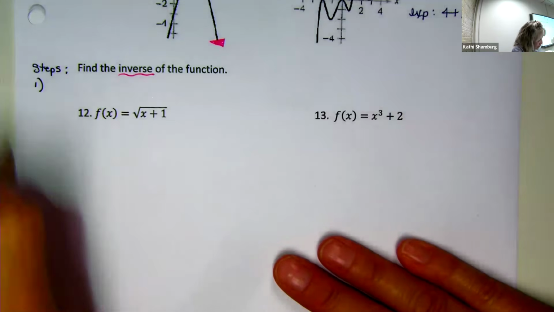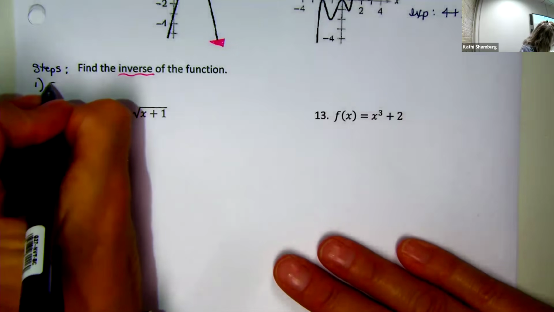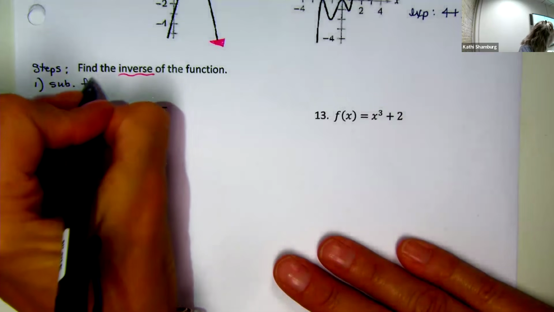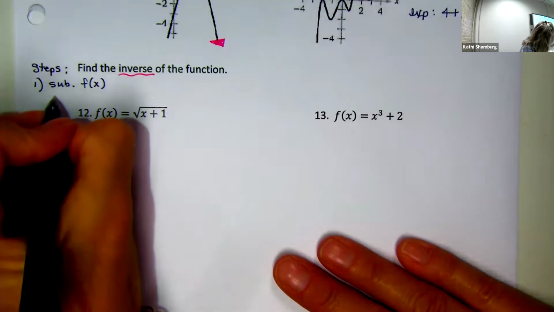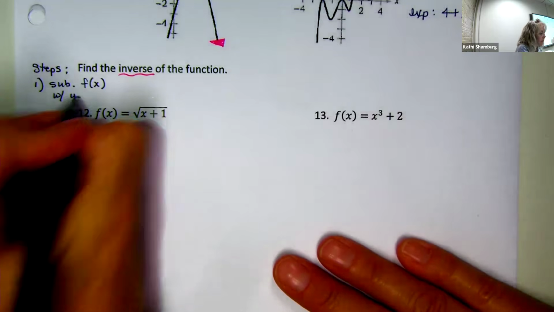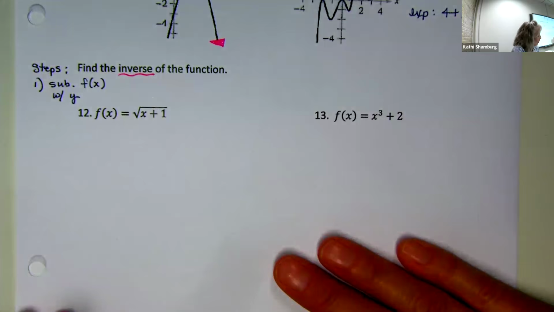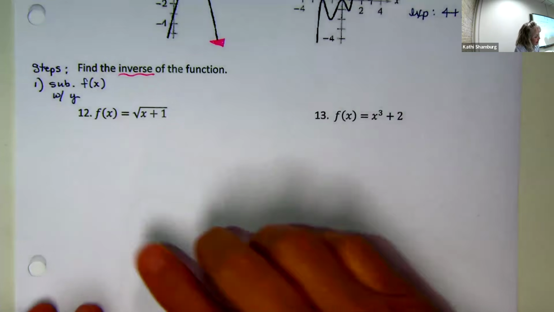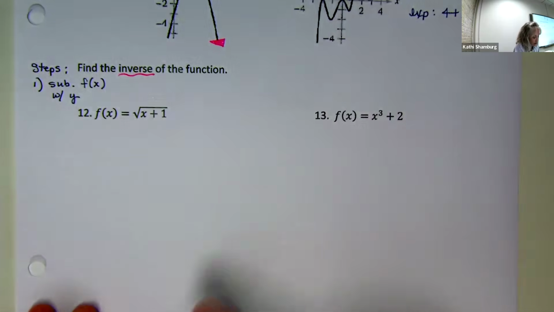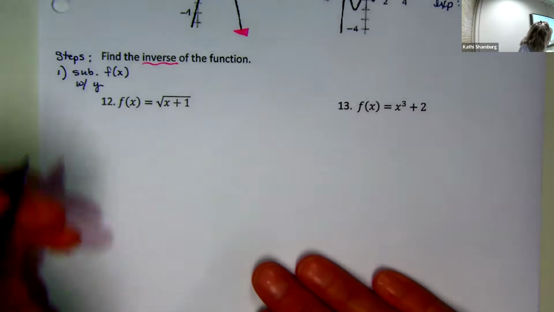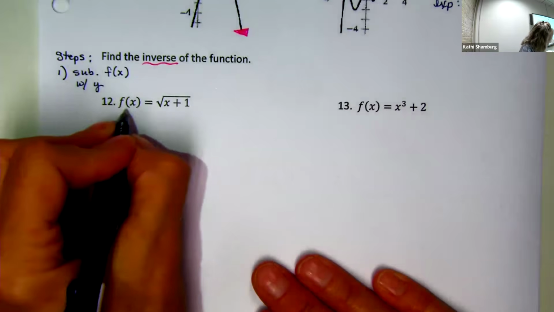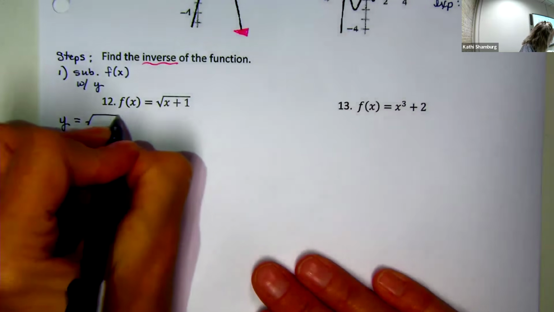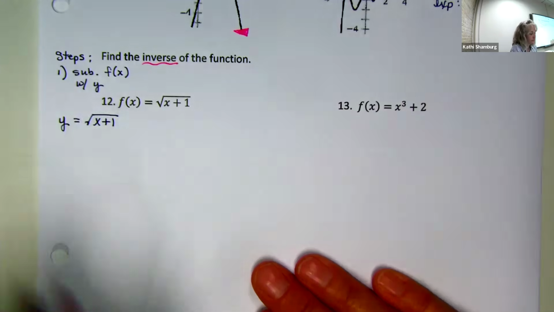Step 1, you are going to substitute f at x with y. Okay, so let's look at this first one. All right, so I'm gonna move over a little bit because we're gonna need a little bit more room. So this is just saying in place of f of x, replace it with a y. That's all that first step is saying.